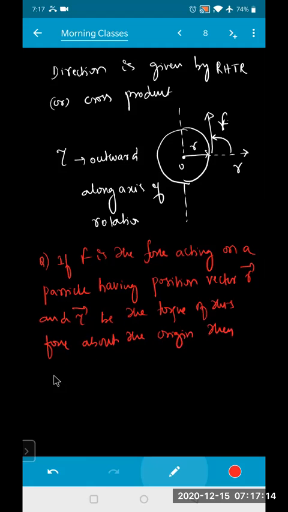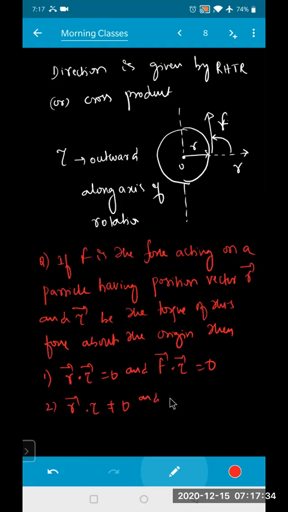then first option is R bar dot tau bar is equal to 0 and F bar dot tau bar is equal to 0. Second option is R bar dot tau bar is not equal to 0 and F bar dot tau bar is not equal to 0.